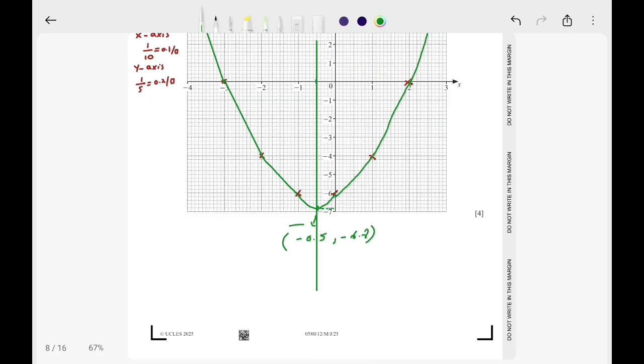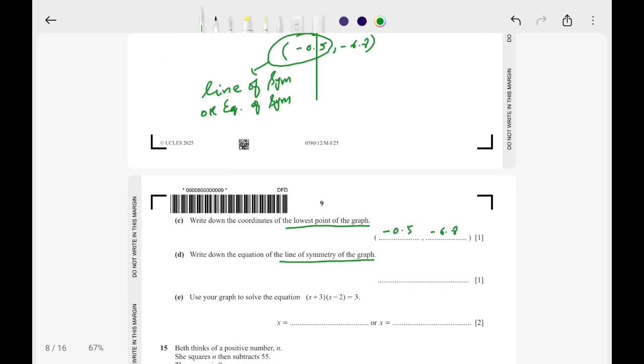So minus 0.5 is called the line of symmetry as well, or equation of symmetry. We have to write the equation actually. So it would be x is equal to minus 0.5.